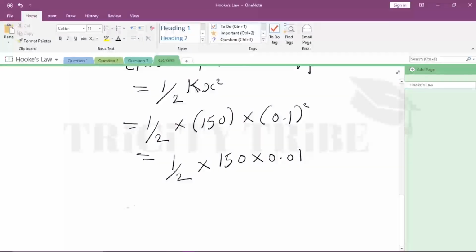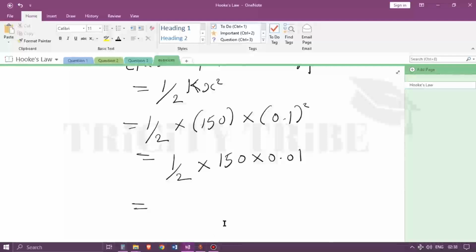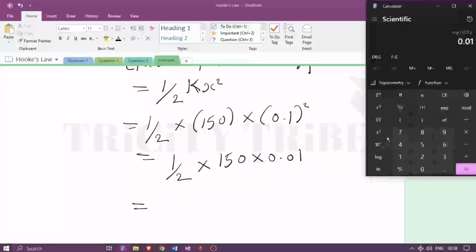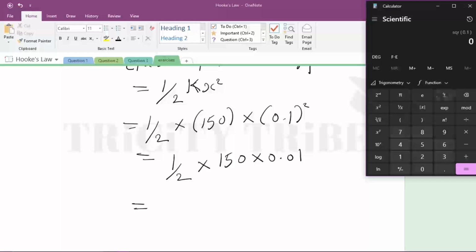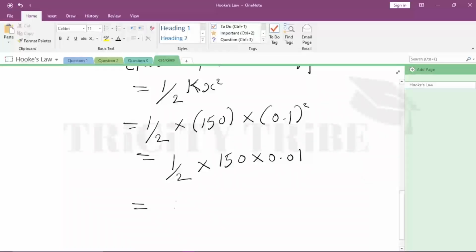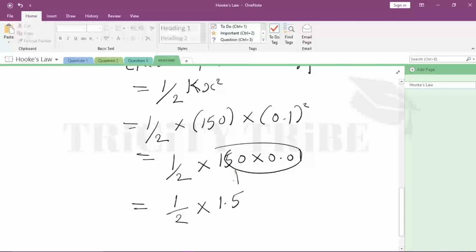Going further, 150 multiplied by 0.01 is 1.5. So this whole expression has been shrunk to this.